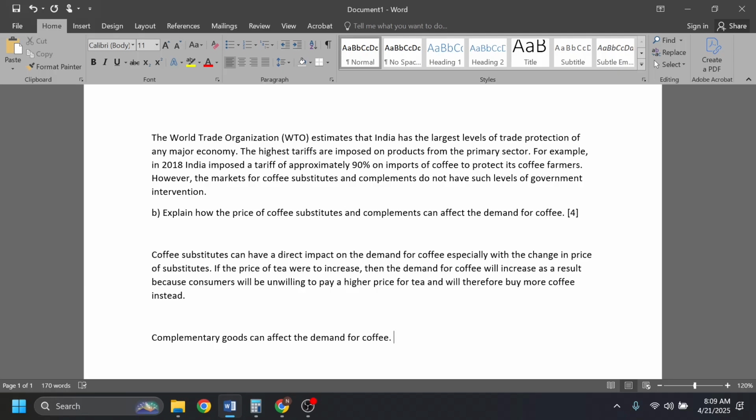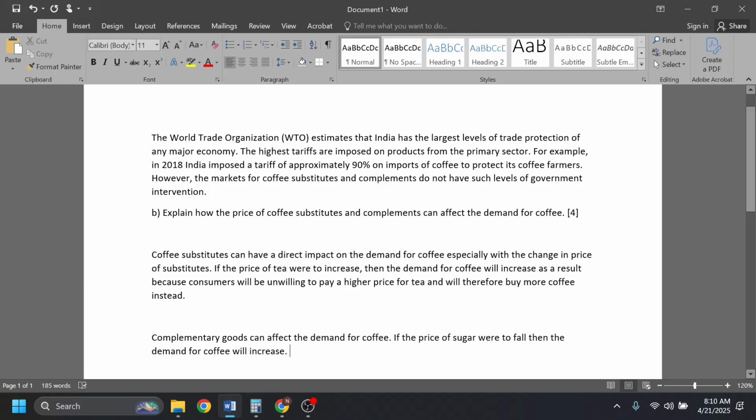Okay, so if the price of sugar were to fall, then the demand for coffee will increase. That's correct. If the price of sugar were to fall, then the demand for coffee will increase because sugar and coffee are complementary goods.